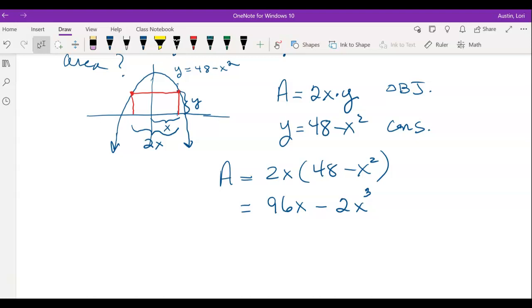This is just us working out the area. Yes. The y value here can only be a y value up and down this parabola. So it can only be defined as 48 minus x squared. It's dependent upon what that x ends up being. So yes. Okay. Set it equal to 0, right?